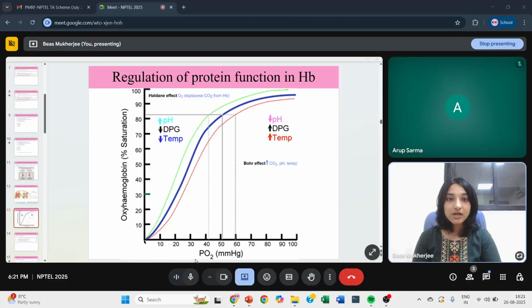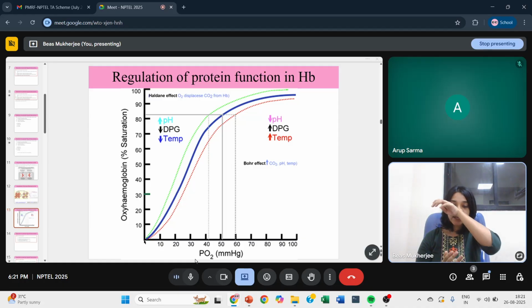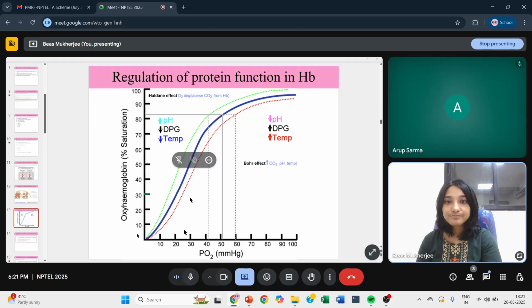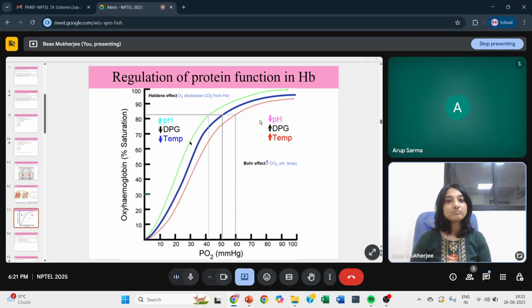So see, this is given in more detail. Now what happens is, as the pH increases, the level of bisphosphoglycerate decreases and temperature decreases, then a shift in the curve is seen, and that is actually the Haldane effect.